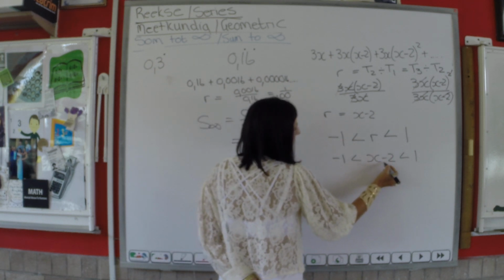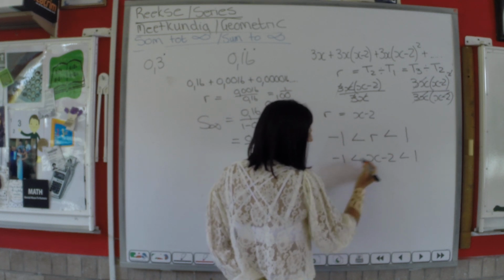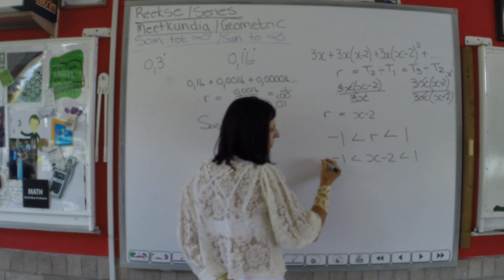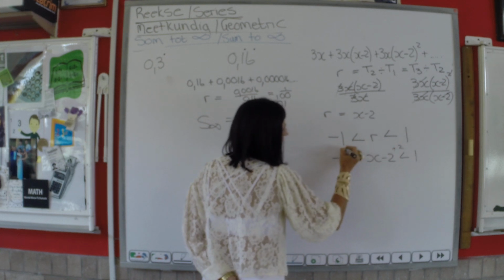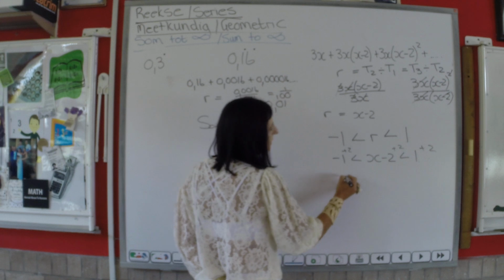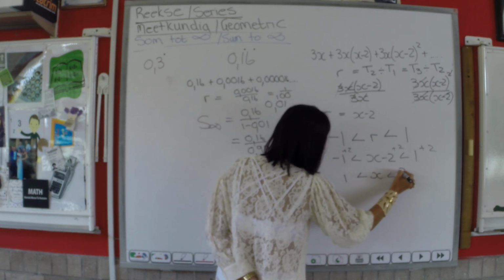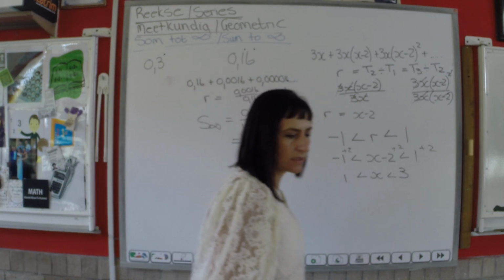So ek kan die minus 2, kan ek hier 'n plus 2 bysit, but if you add a plus 2 there, you must add it on all the sides. So as ek hier plus 2 bysit, dan moet ek hier plus 2 bysit en daar plus 2 bysit. So dit gee vir my 1 kleiner as x, kleiner as 3. So where's the x value? Between 1 and 3.